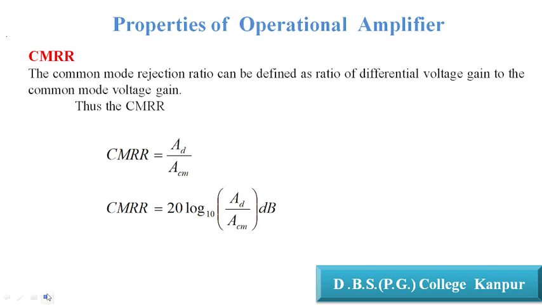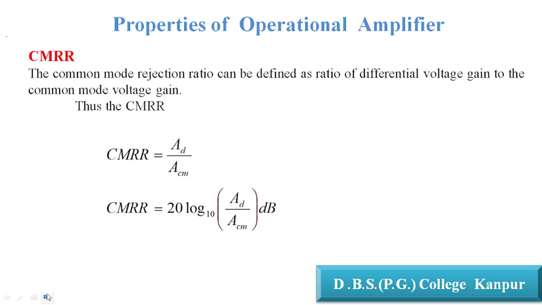When we discuss linear integrated circuits, the most important one is the operational amplifier 741 IC. So CMRR, the common mode rejection ratio, is defined as the ratio of AD to ACM.